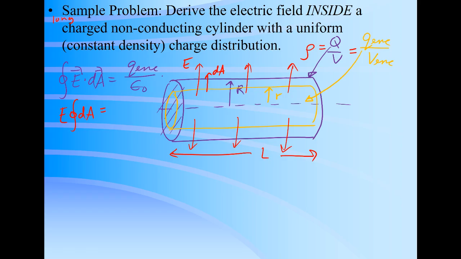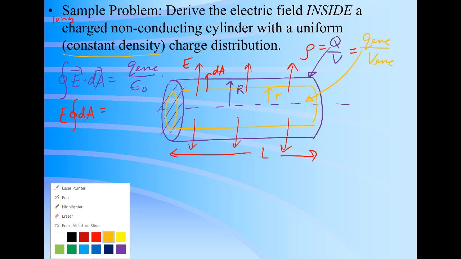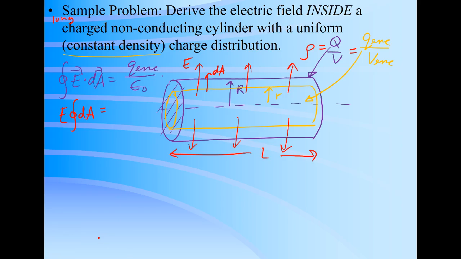So we have kind of a ratio. And the way that we're able to do this is that we have constant density. So the two ratios are equal. Now this means that we can write the charge enclosed, Q enclosed, as equal to Q times V enclosed over V total. Okay? And so Q, we're going to leave like that.